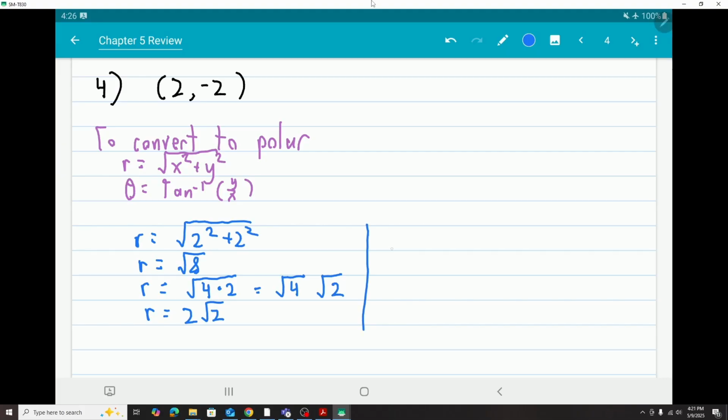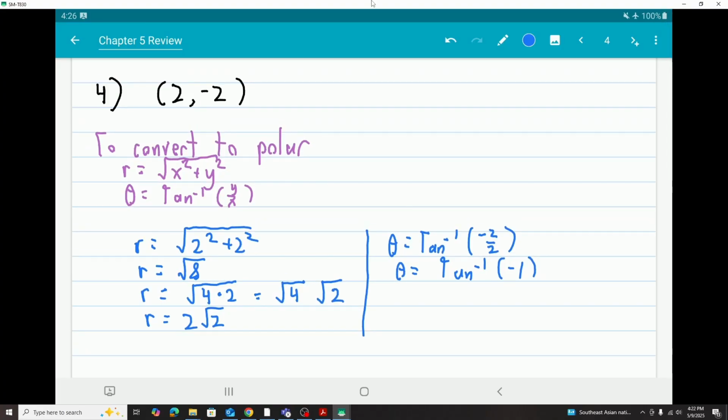Theta is a little bit more difficult. So theta is tangent inverse of y over x. So we have 2 comma minus 2, which means theta is equal to tan inverse of minus 1. But now tan inverse of minus 1, what should that be? Well, we could go to the unit circle.